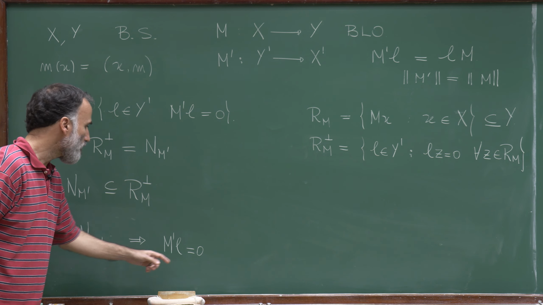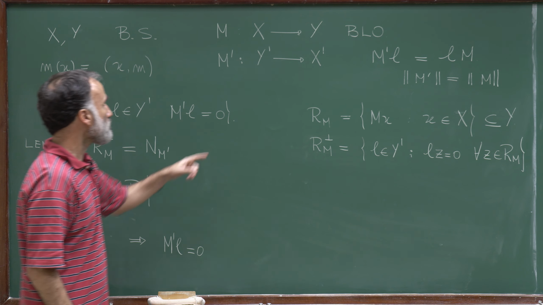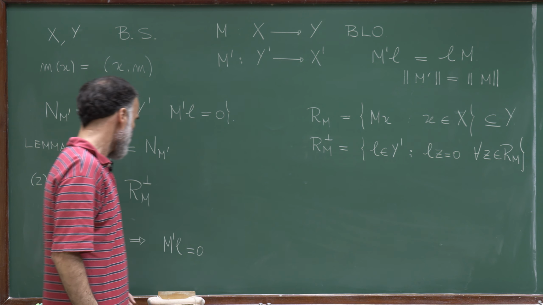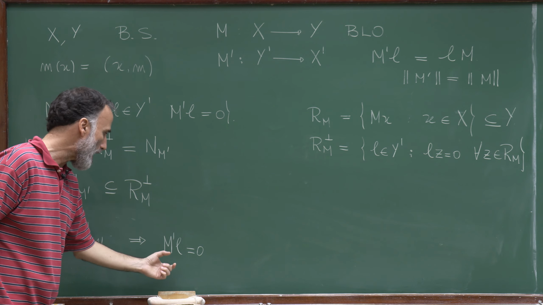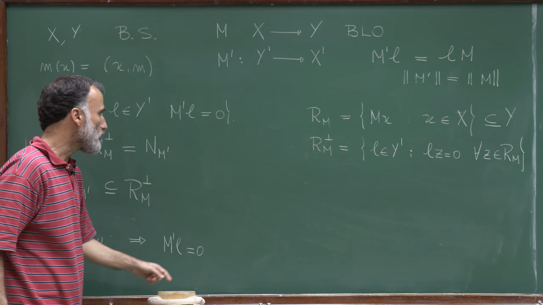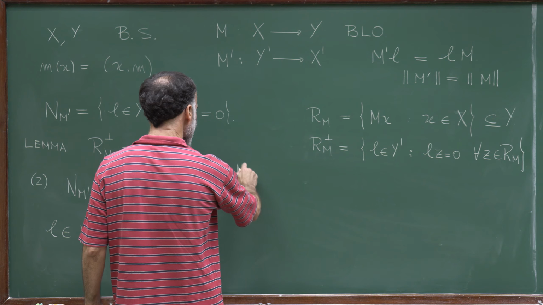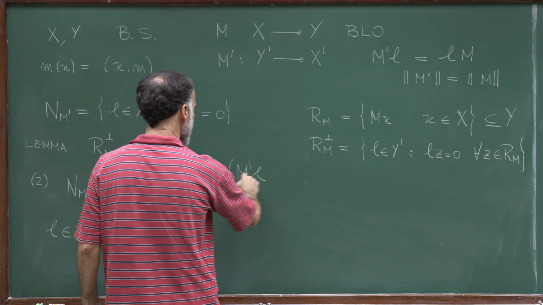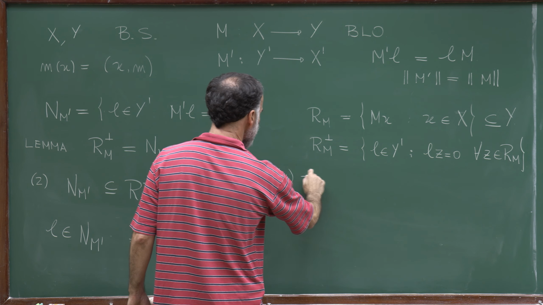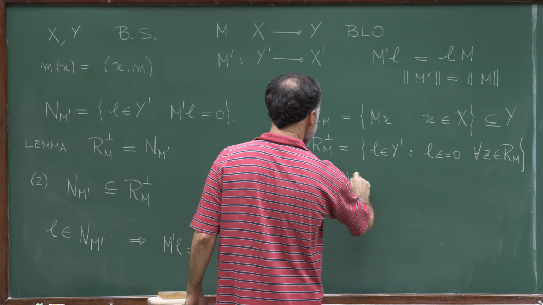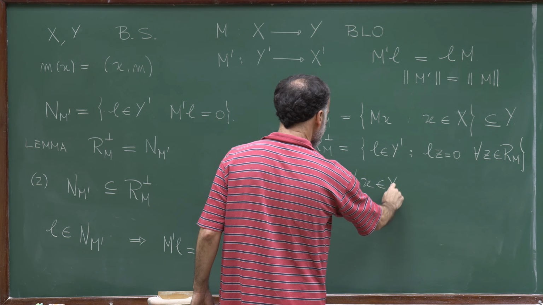M prime of L, recall, is an element of X prime, so it's a bounded linear functional on X. Saying that it's equal to 0 is to say that m prime L applied to x is equal to 0 for all x in X.